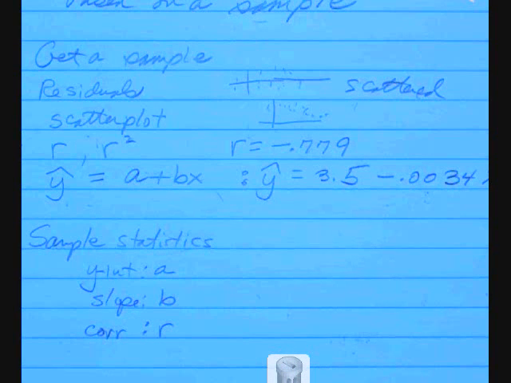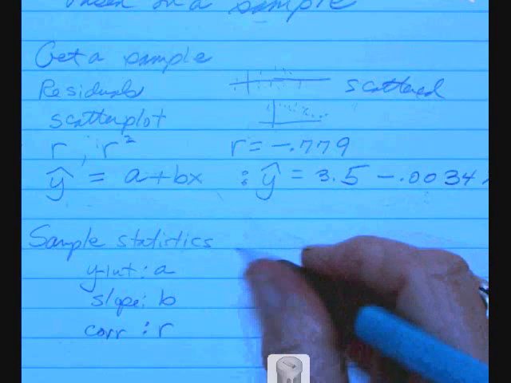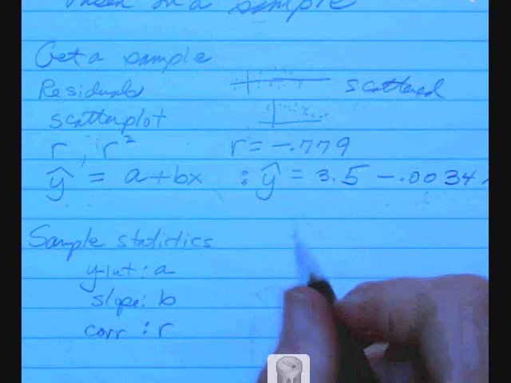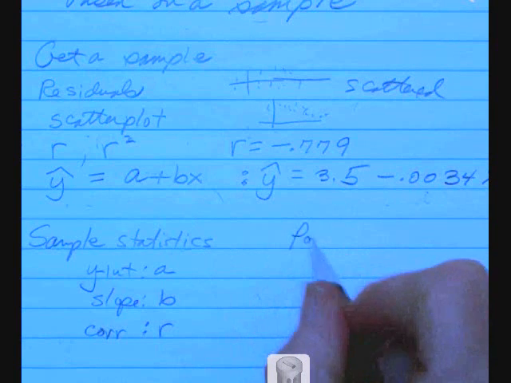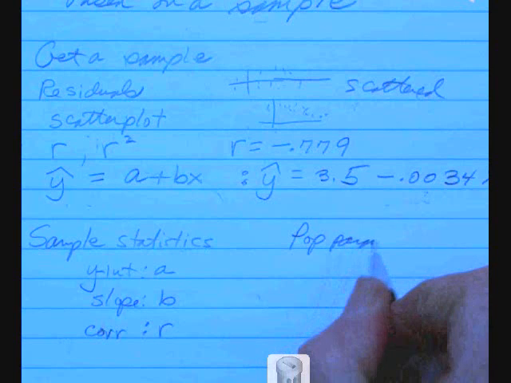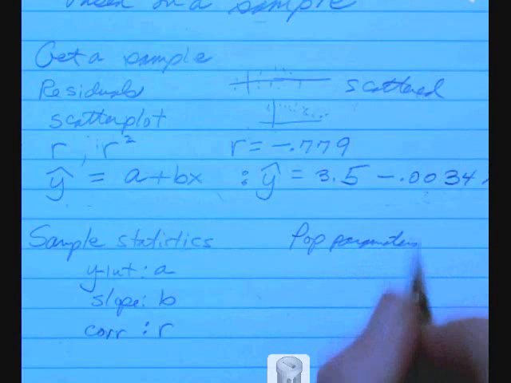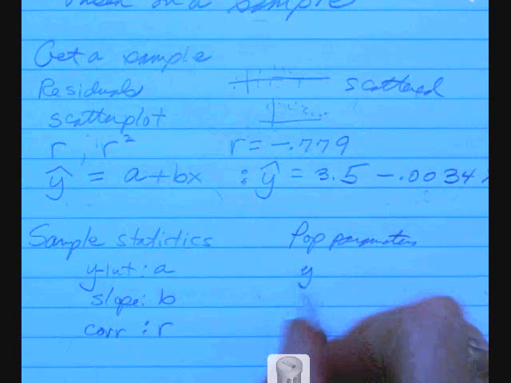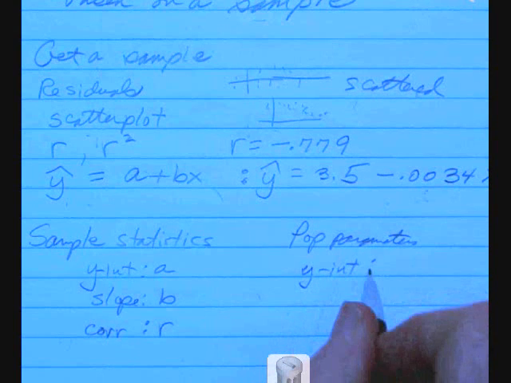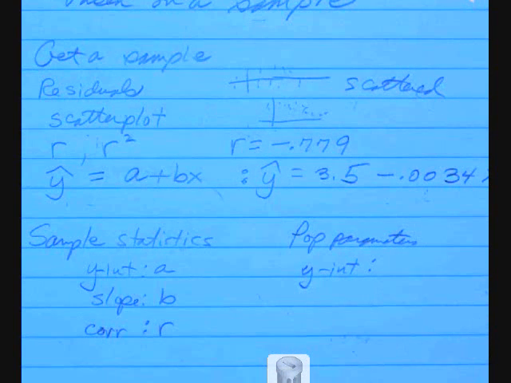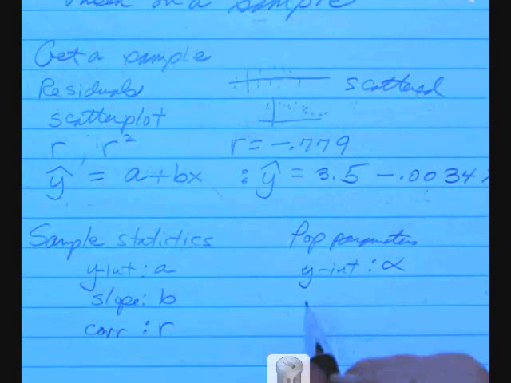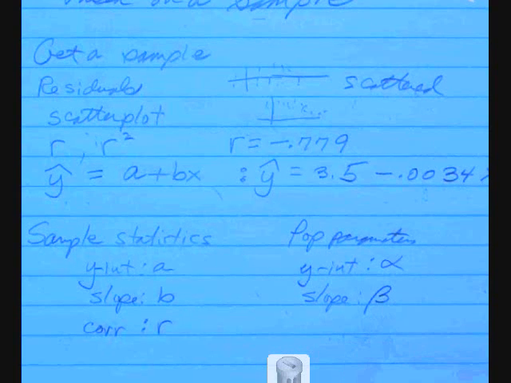Okay. The population parameters we're going to estimate are going to be the y-intercept. We're going to write that as a Greek letter, an alpha. Even though we already have something called alpha, we can have many things called alpha. Our slope, we're going to call beta, even though we've already got a beta.